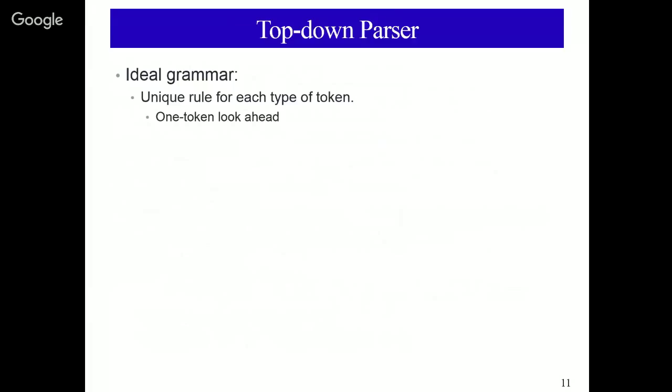And so for an ideal grammar, and sometimes you may not get that because of the complexity of the language, it would be nice if you can have a unique rule for each type of token. This is called one token lookahead. That means one token, one rule. I'm not going to have 5 or 3 or 4 different rules that start with the same token.